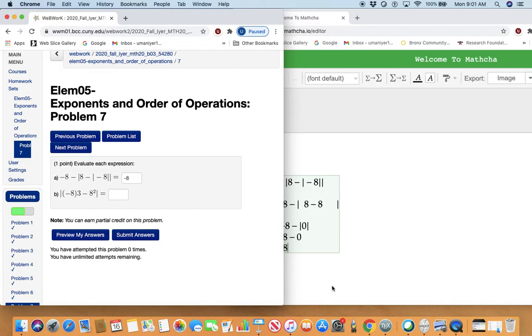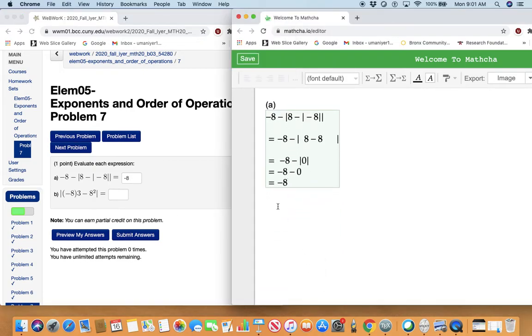Okay, B part. You have absolute value negative 8, beg your pardon, 3 minus 8 power 2, absolute value. So what's the story?